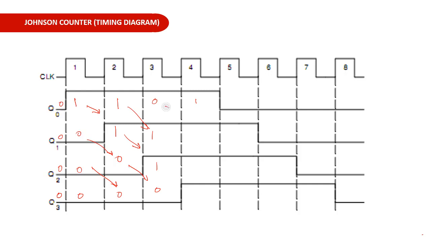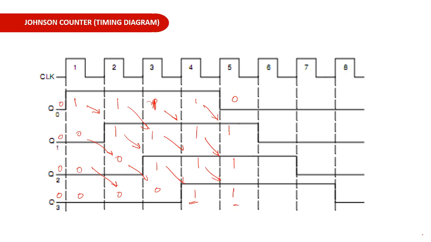Since this one is 1, so this will be 1. When this one becomes 1, that is when Q3 becomes 1, Q3 bar will be 0. We are feeding this Q3 bar as the input of the first flip-flop, so this will become 0 in the next clock pulse. So here it is 1, so this will be 1, here it is 1, this will be 1, this is 1, this will be 1.